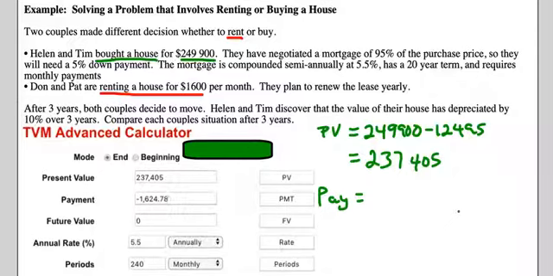So now we have to see what the value of the house would be in 3 years. We can use that same financial calculator, and everything stays the same. Present value stays the same, but now we know what our payment is. Our annual interest rate is still 5.5%.